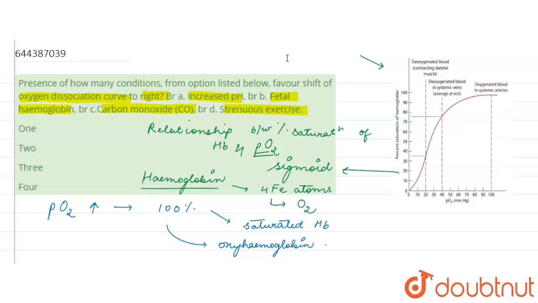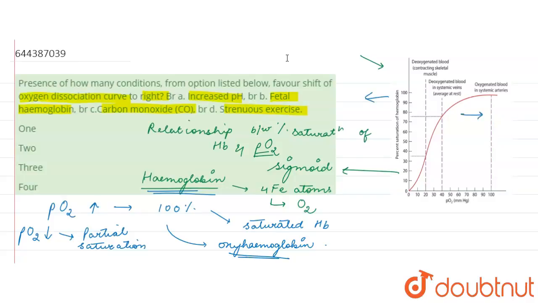complex. And when the partial pressure of oxygen is low, that will lead to partial saturation, meaning that we have both reduced hemoglobin and oxyhemoglobin in that state. There are certain other factors apart from the partial pressure of oxygen which affect this dissociation curve. Those factors will either shift this curve to the left or to the right.